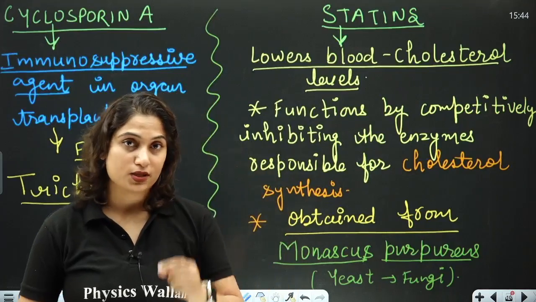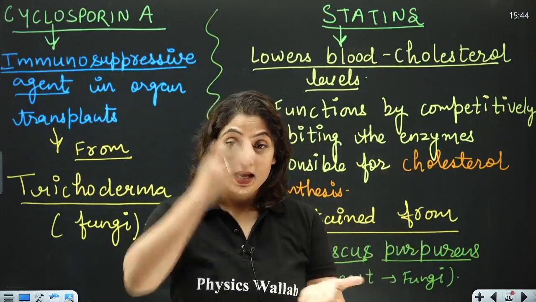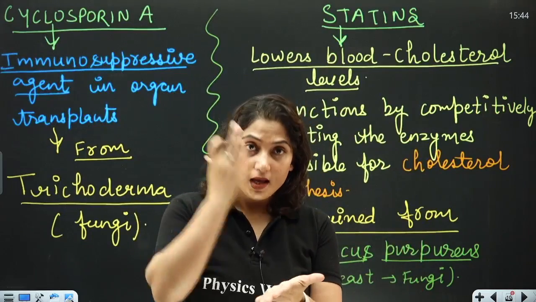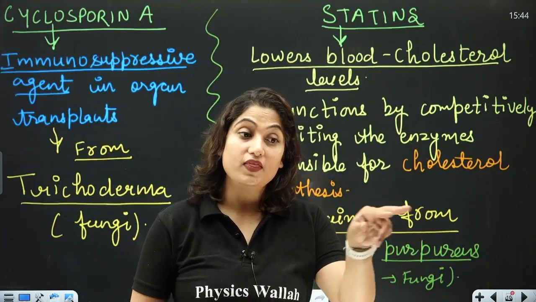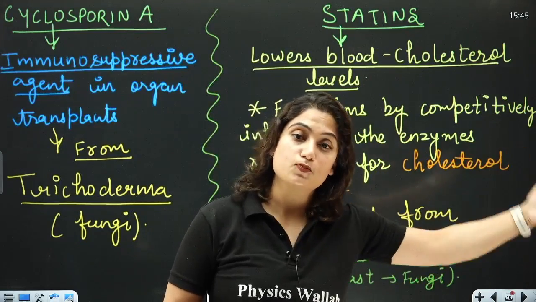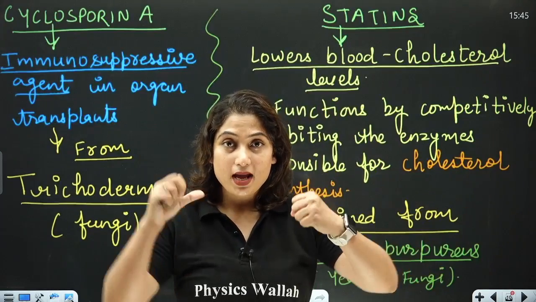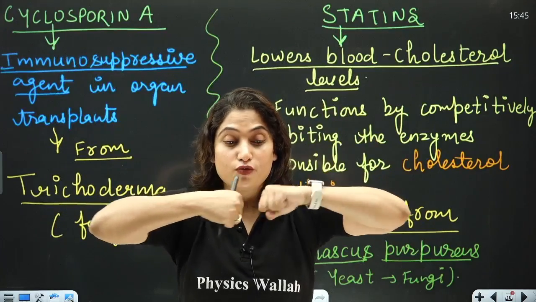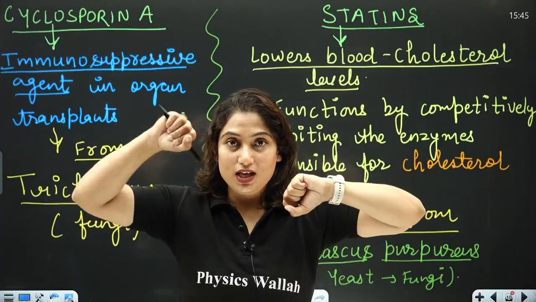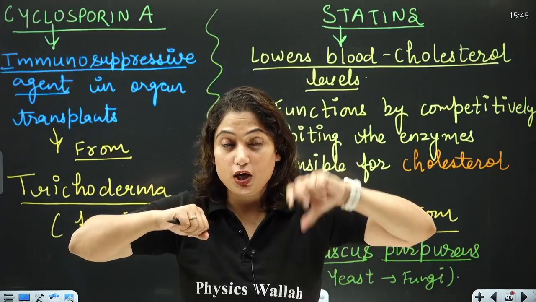Your answer will be that statins show competitive inhibition with the enzymes that are responsible for the synthesis of cholesterol. So when the statin competes with the enzymes which form the cholesterol, it will not allow these enzymes to form the cholesterol.